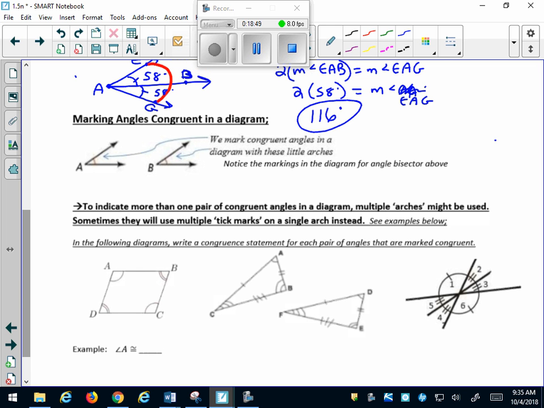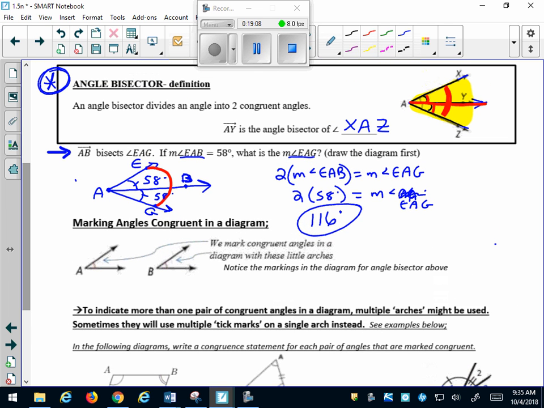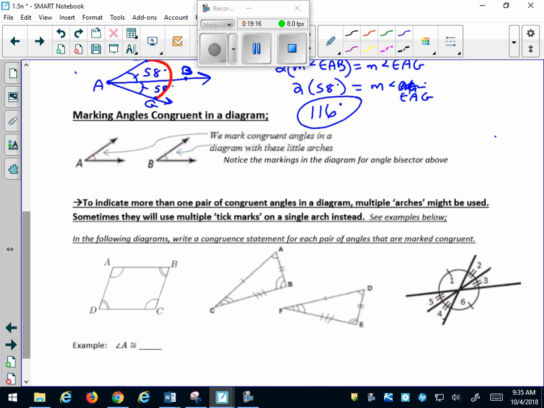Okay, so this is just formalizing how you look at diagrams and sort of read the markings, right? So there's notation that we have in geometry when we're writing out the description of something, like this is the notation for a ray. So we learned that. But also in diagrams, there's notation.